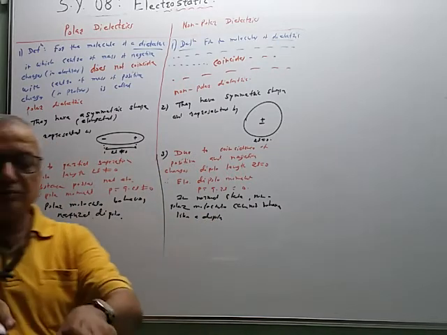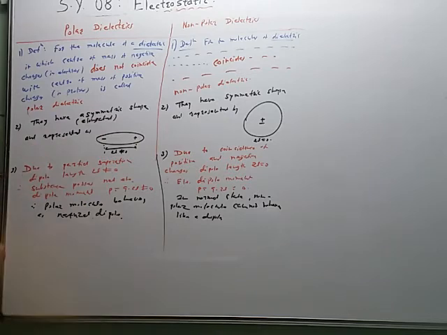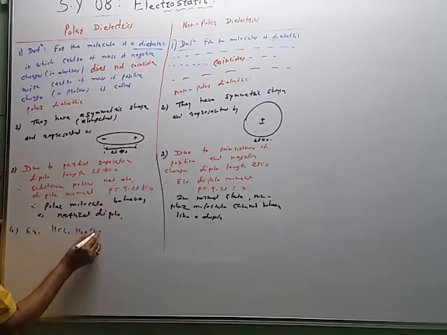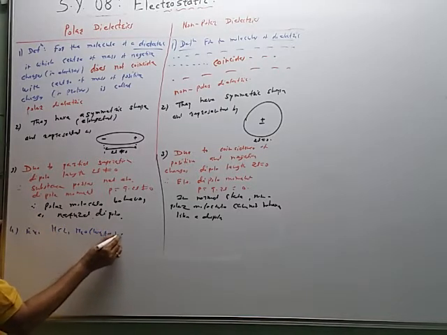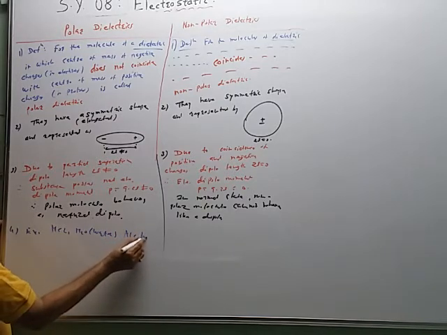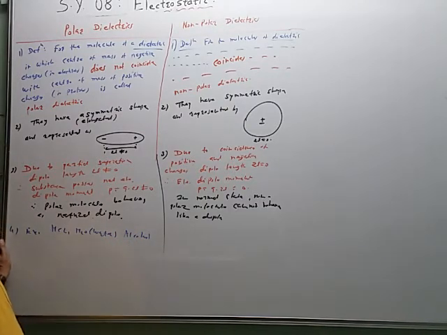And the last point is the examples. Polar examples: HCl, H2O, water, alcohol, NH3, N2O.